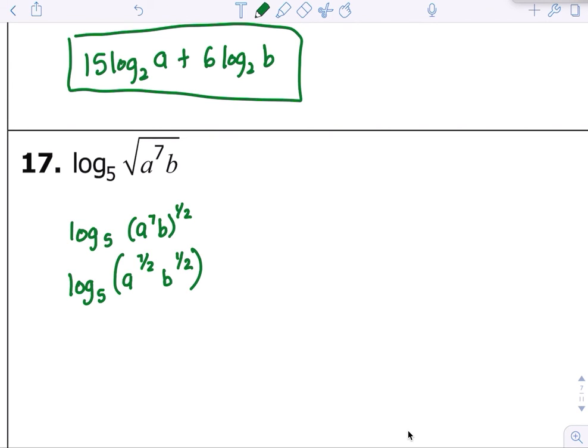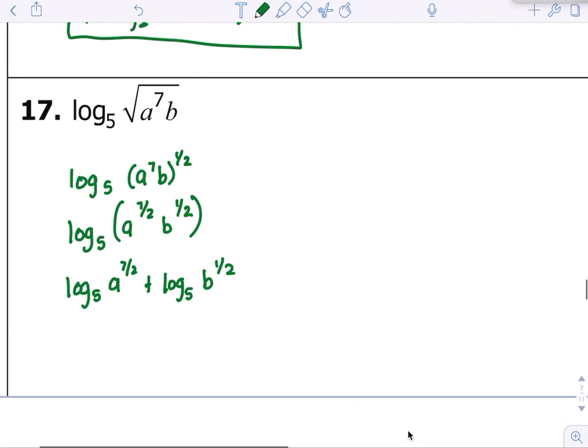Now, since there's multiplication, that's the product rule, so log base 5 of a to the 7/2 plus log base 5 of b to the 1/2. And now let's bring the powers to the front using power rule, so 7/2 log base 5 of a plus 1/2 log base 5 of b.